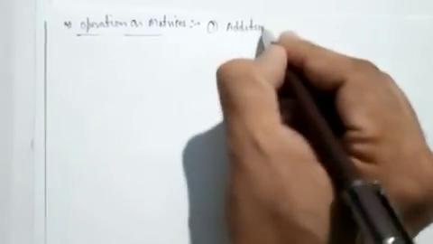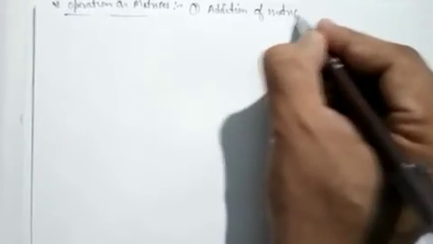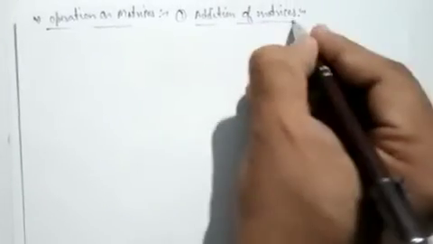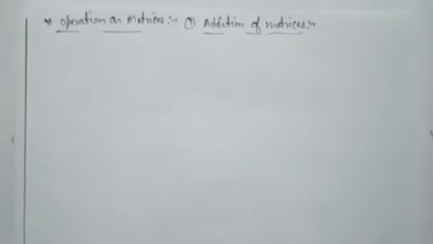Next one, addition of two matrices. Operations on matrices. So first is addition. For addition, the first primary condition is both matrices have the same order.